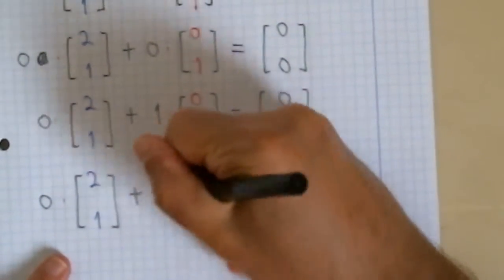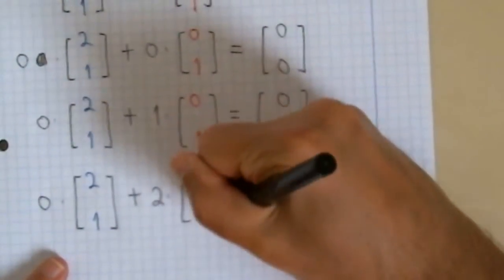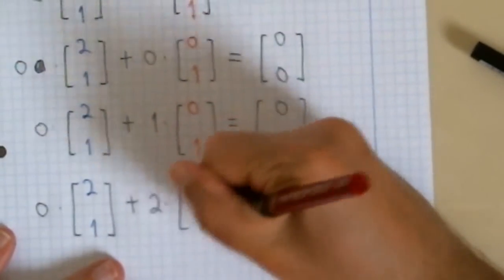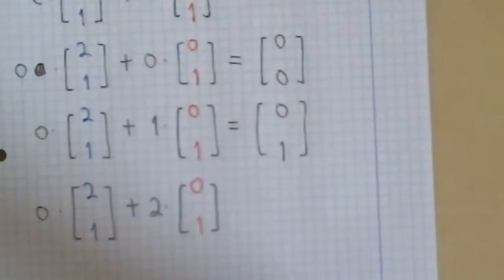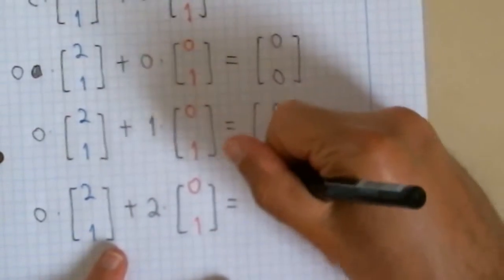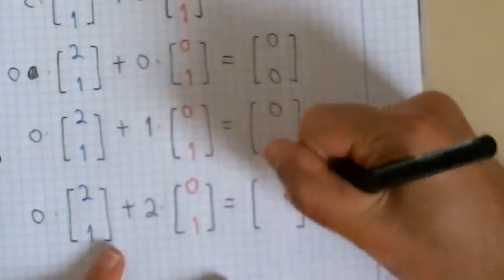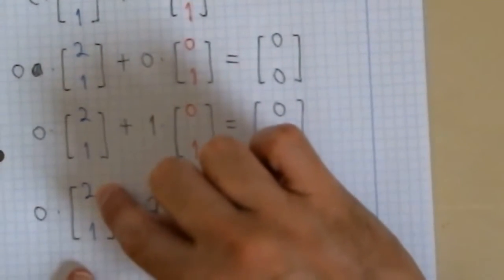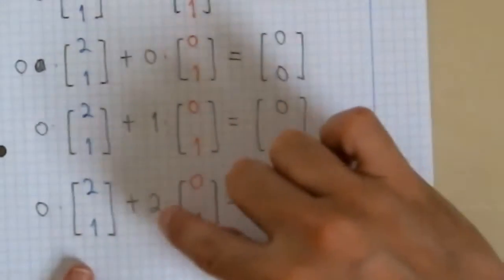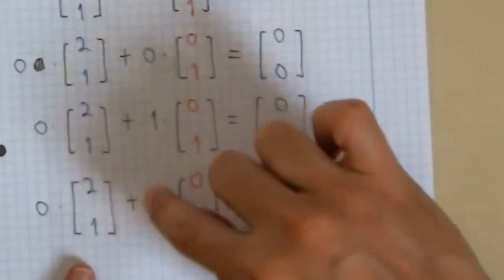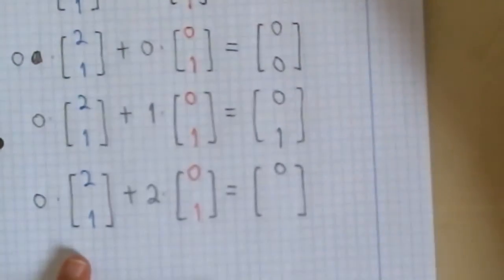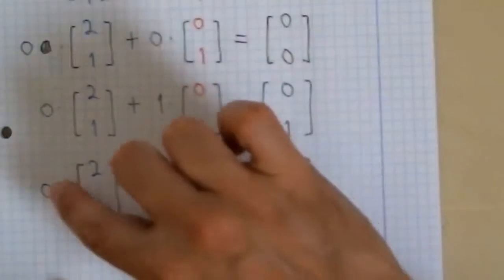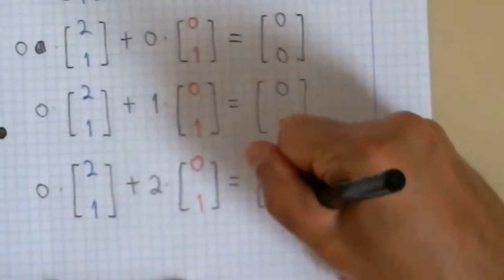Okay, so D equals 2. The red vector is the same as it was. We have 0 times 2 is 0, plus 2 times 0 is 0, so 0 plus 0, the first component is 0. 0 times 1 is 0, plus 2 times 1 is 2, so 0 plus 2 is 2.